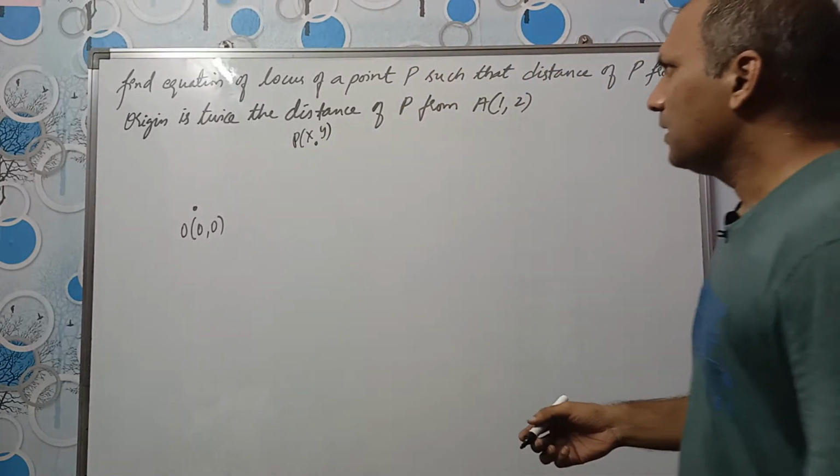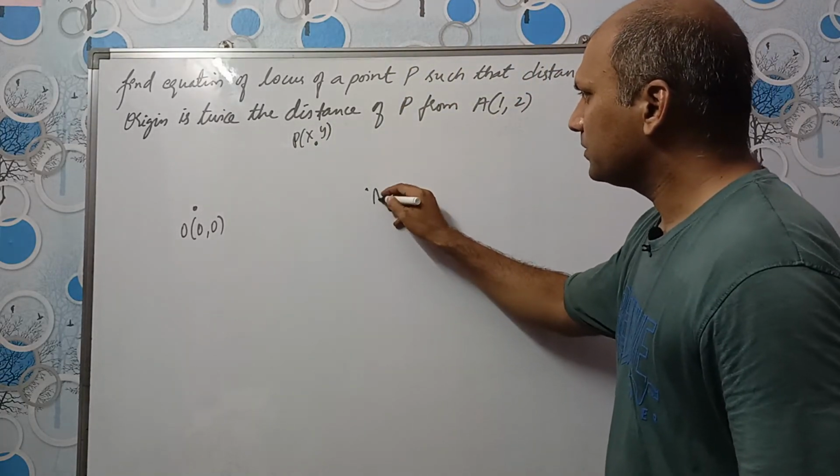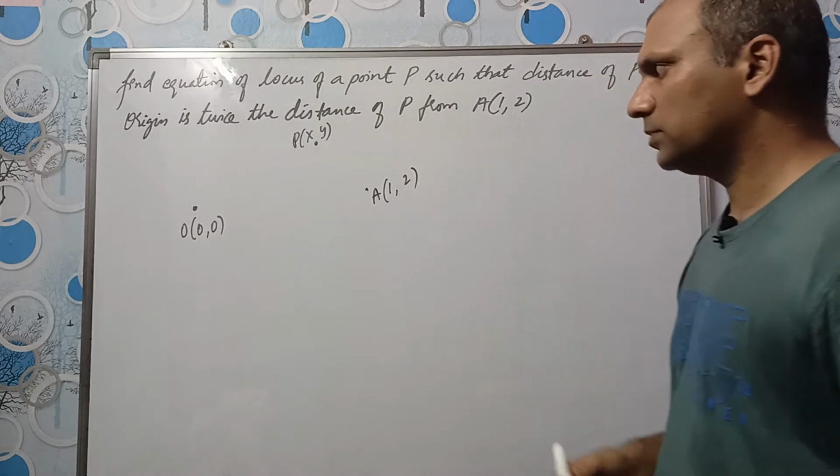And there is one more point A, which is given as 1 comma 2.